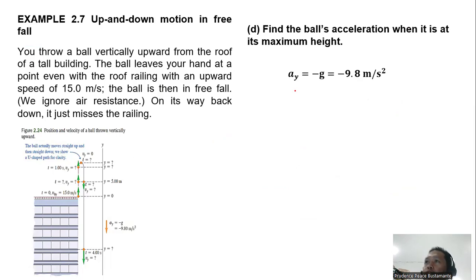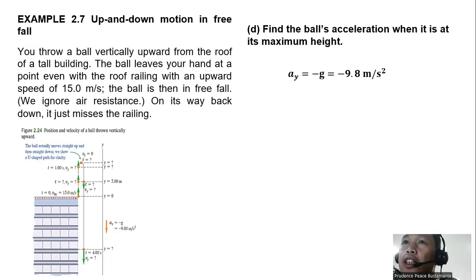So find the ball's acceleration when it is at the maximum height. Remember that we are solving a problem with constant acceleration. The reason why our equations are valid is because we are dealing with constant acceleration.